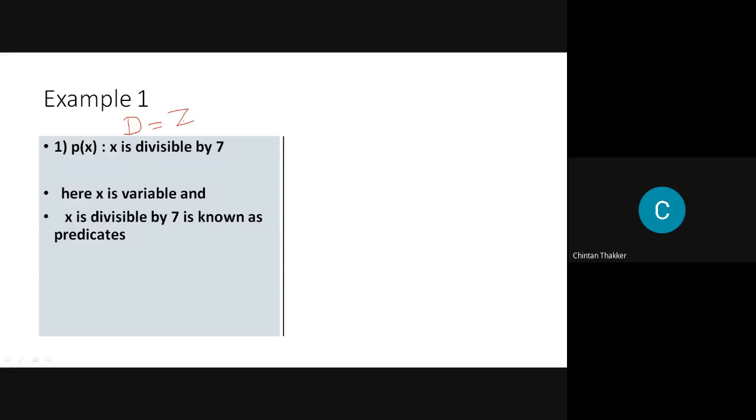If we take x to be a value divisible by 7, then P(x) is true. If x is not divisible by 7, then P(x) is false.